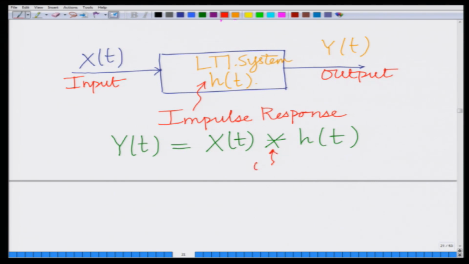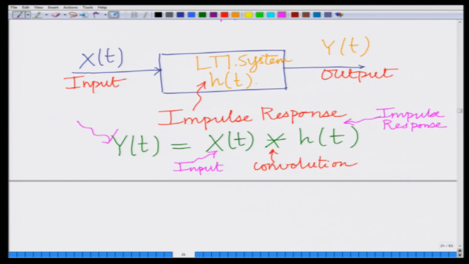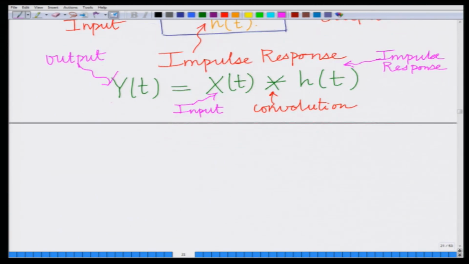So, this is your basic convolution operator, this is your input random process which is wide sense stationary, this is your impulse response, and y of t is the output of the system.